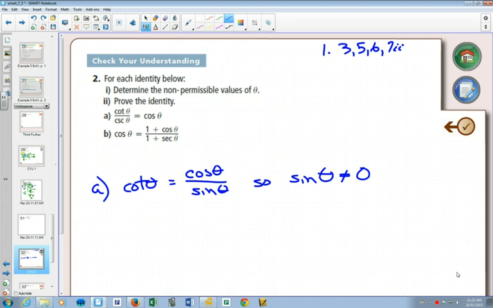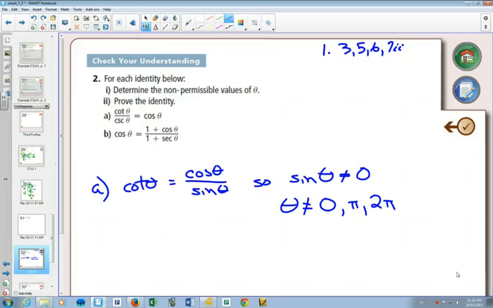For tangent and cotangent, we need to look specifically at them because they have some non-permissible values. So when is sine equal to 0? 0, pi, and 2 pi, so those would be bad.